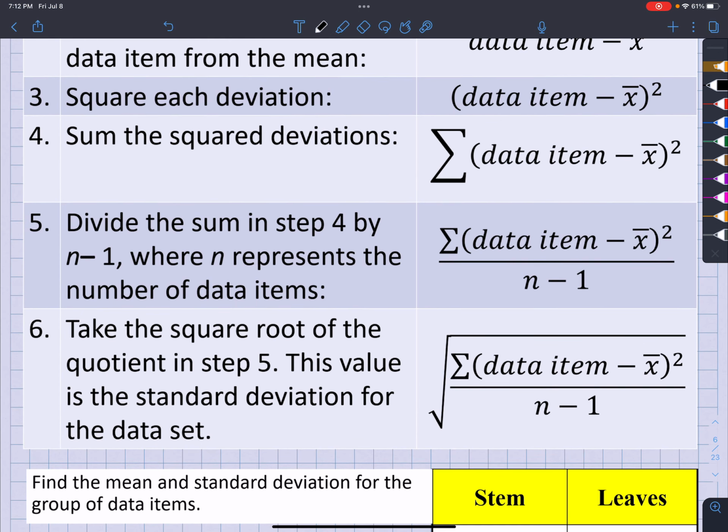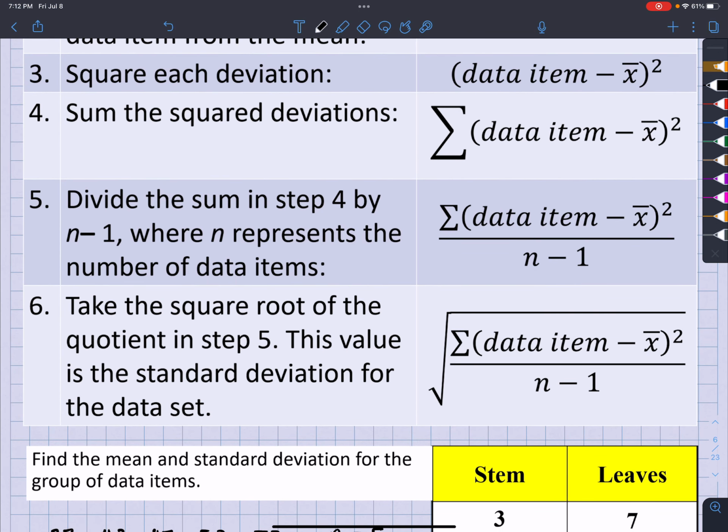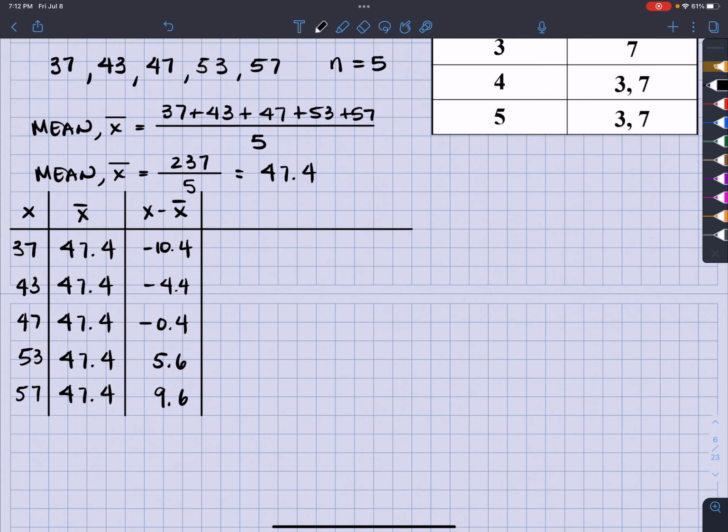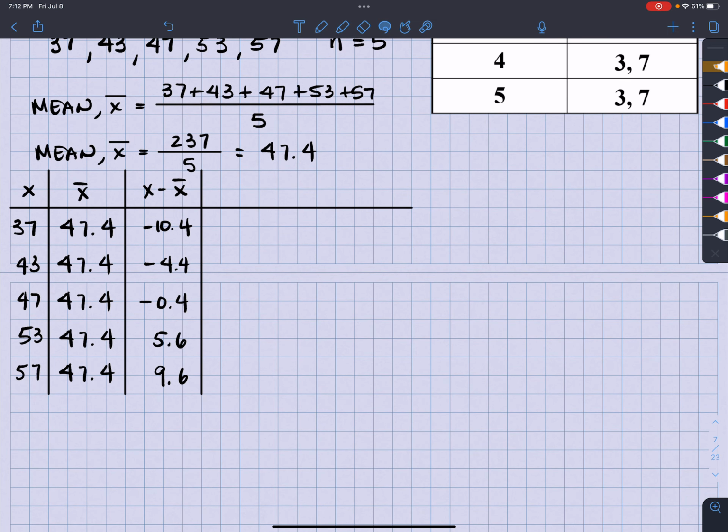What's the next step? The next step is to square the difference. So I want to take this column and square each value. Take 10.4, square it, I get 108.16.